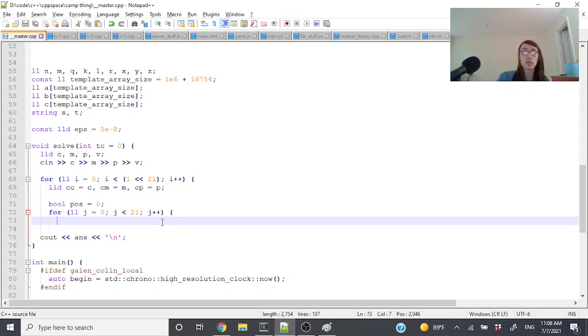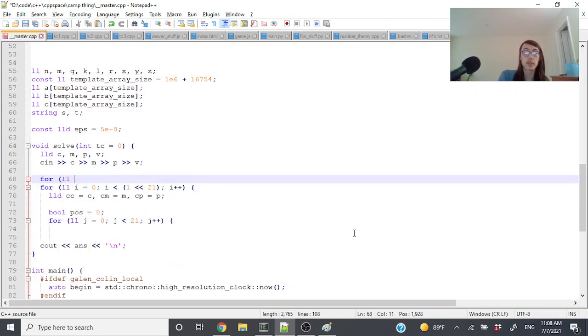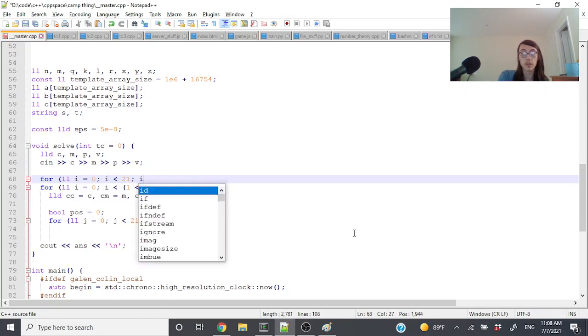Okay, so actually we can iterate over the length too. i is less than 21, i plus plus.